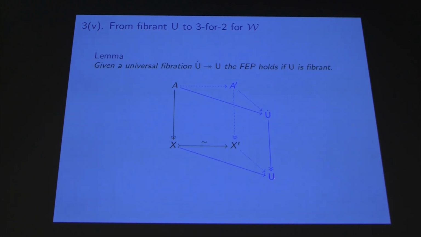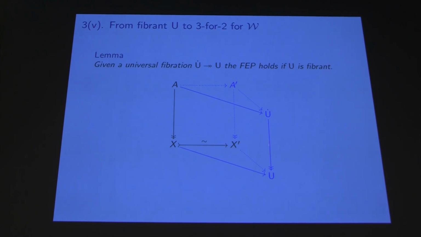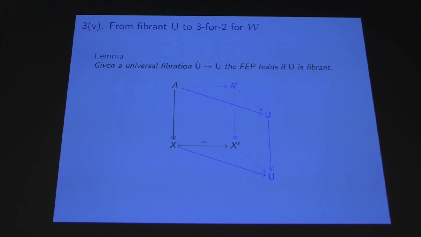I've shown you, or at least told you, that this thing is fibrant. Here's a trivial cofibration, so there's an extension here, right? And now I use that extension, and I take this pullback, just factor it into 2 pullback squares like this, and that's my extension now of this fibration along the trivial cofibration. So the fact that the base of the universal fibration is a fibrant object is essentially equivalent to this fibration extension property. And that's what gives me the 3 for 2.